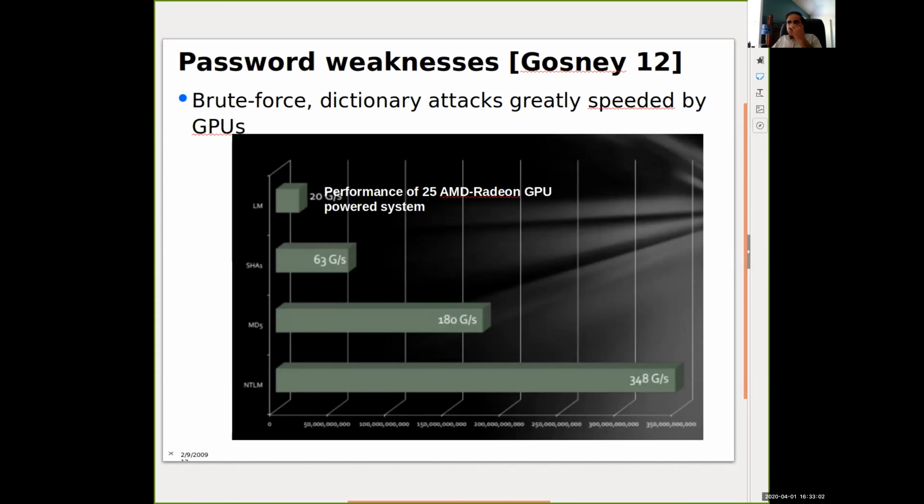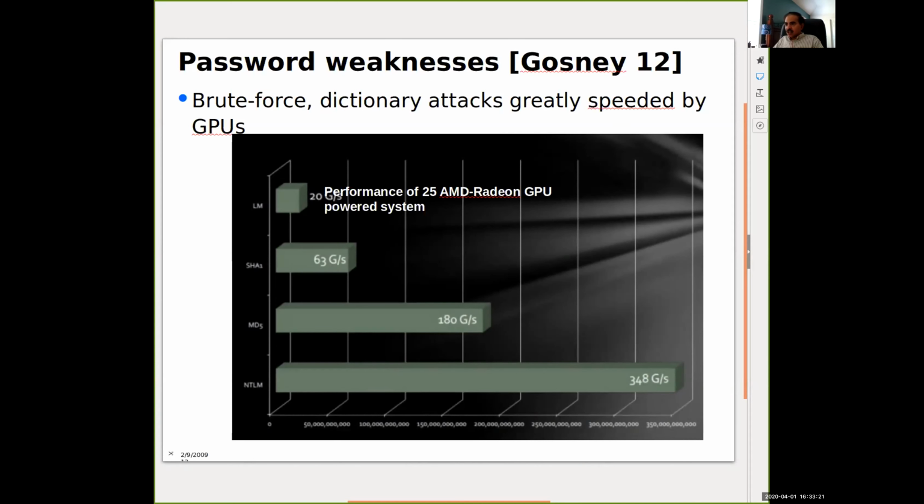Okay, so this makes offline attacks more difficult, but still, what attackers have found is that they can use modern hardware to speed up these searches.